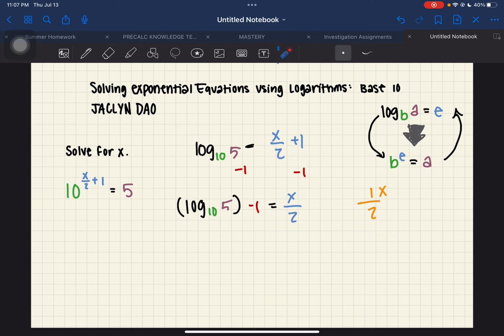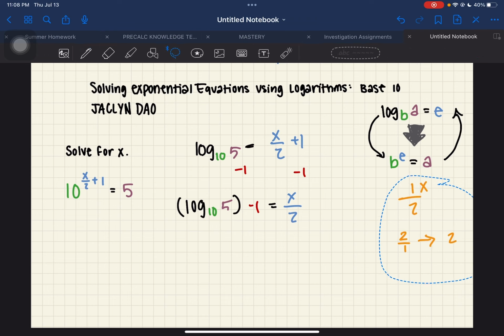So now we need to cancel the fraction. And to cancel a fraction, you have to multiply it by its reciprocal. Reciprocals being the opposite of the fraction. So the denominator, in our case 2, moves to the numerator, while the numerator, 1, goes to the denominator. So the reciprocal of 1/2 would be 2 over 1, which is basically 2.